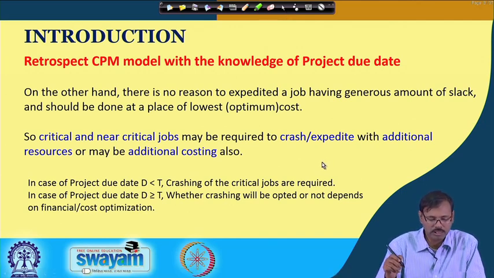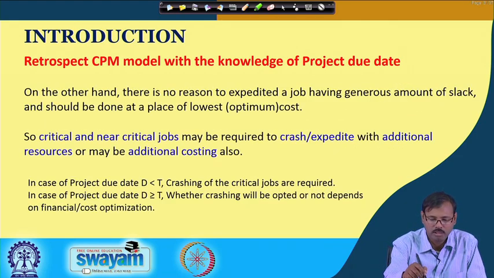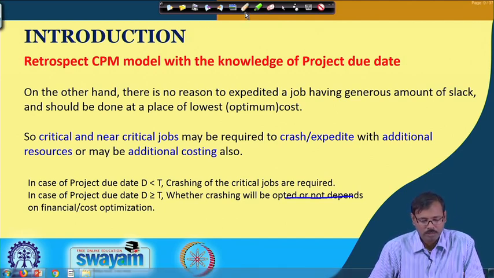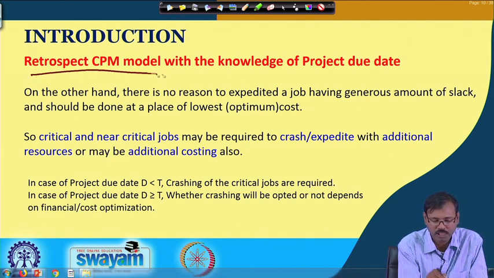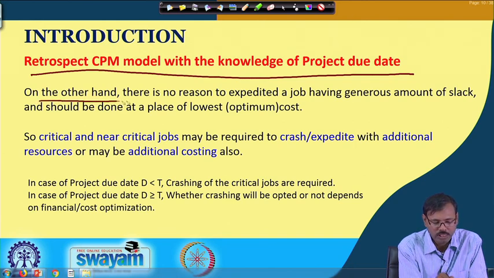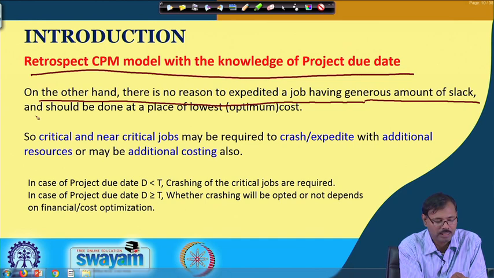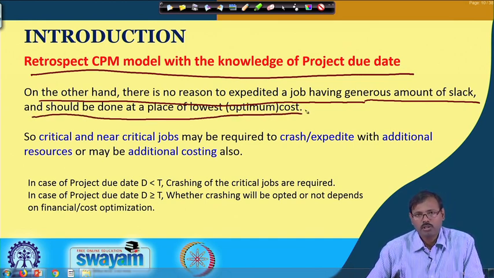Thus, that consideration is possible with the critical path method analysis. Now, if you see the last class where we discussed the project due date, we found there is no reason to expedite a job having a generous amount of slack, and it should be done at the lowest or optimum cost.